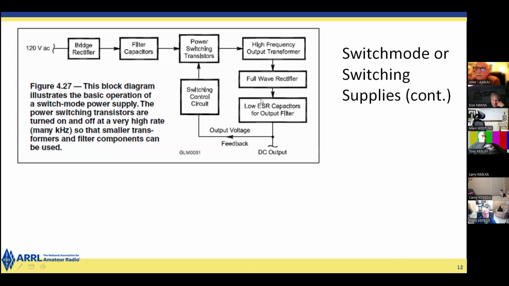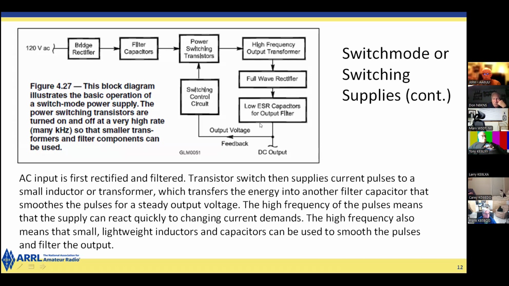Yeah, they usually have this feedback circuit to keep the voltage constant, I believe. They are nice, though. Boy, those old transformers went from like 15 pounds down to about 2. AC input is first rectified and filtered.